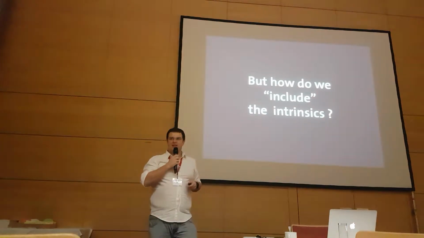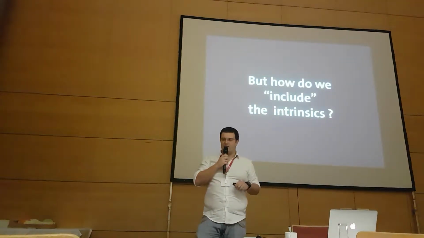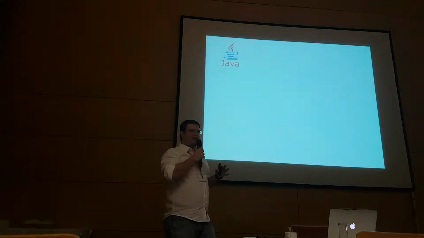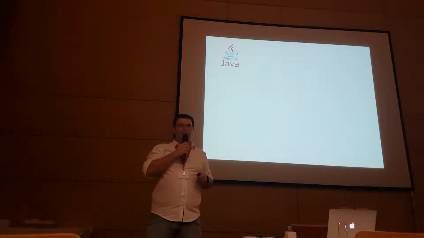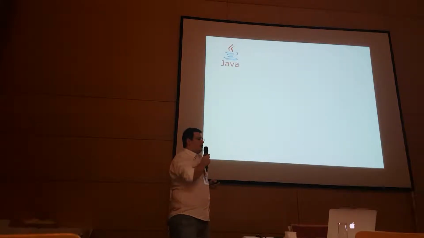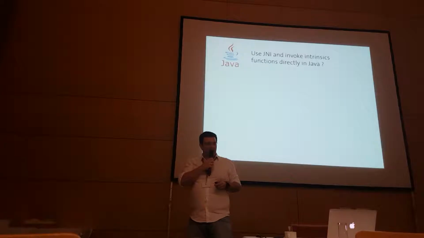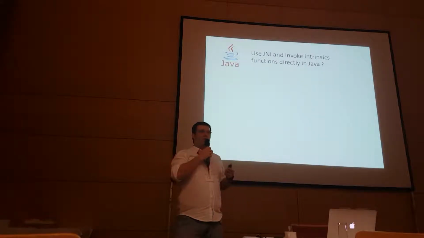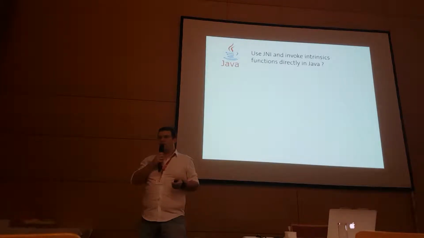But then the question comes in: what do we actually mean by including these intrinsics? Let's be slightly more specific. Our testbed would be Java and actually the JVM. The very first intuition is, since Java and the JVM support JNI, the Java Native Interface, can we simply use the native interface so that we call each intrinsic function, because it's a function after all?